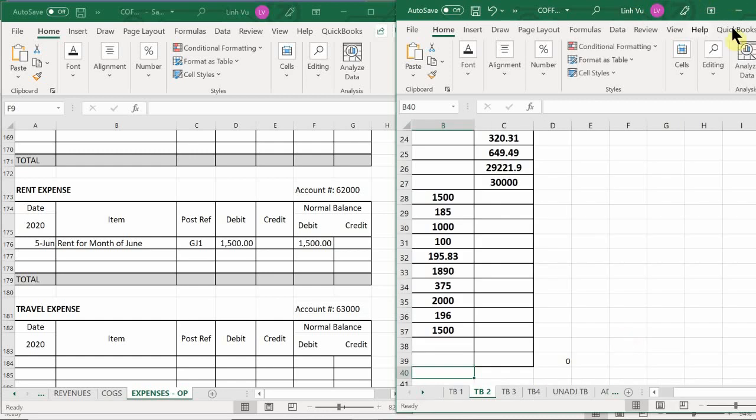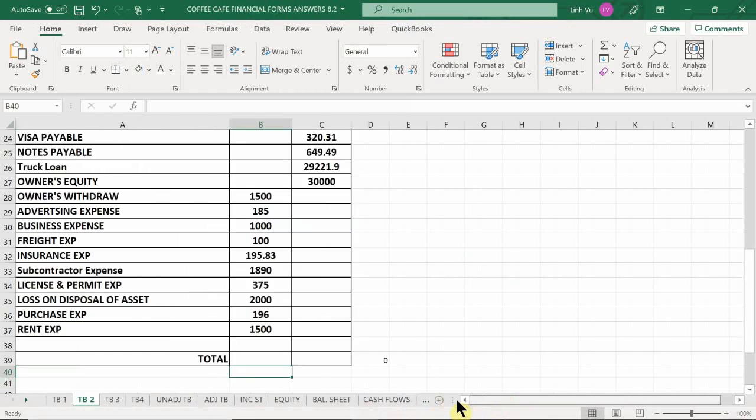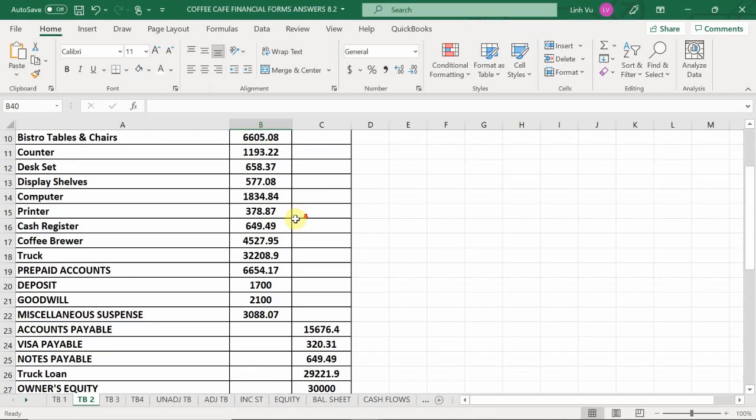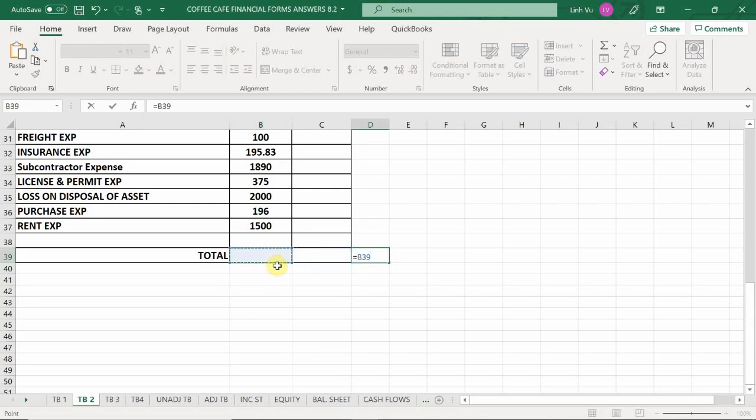Hold on, I need to make this a little bigger. Okay, so in this case, when I look at this, in order to locate my discrepancy a lot quicker, I do the formula where my total debits subtract my total credits, so I can see how much money I am off.